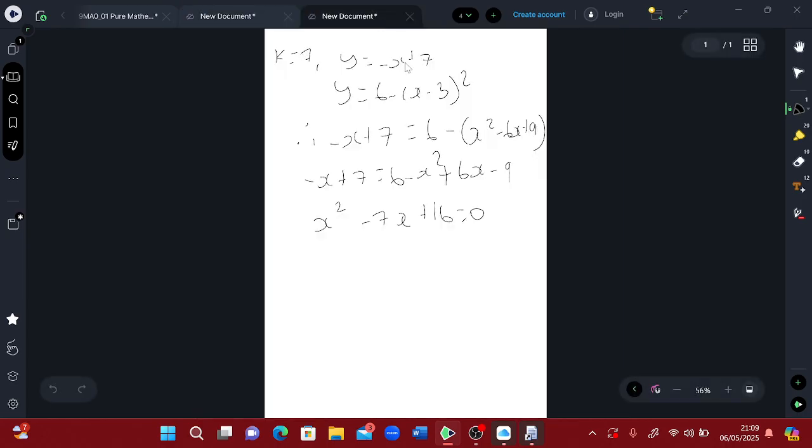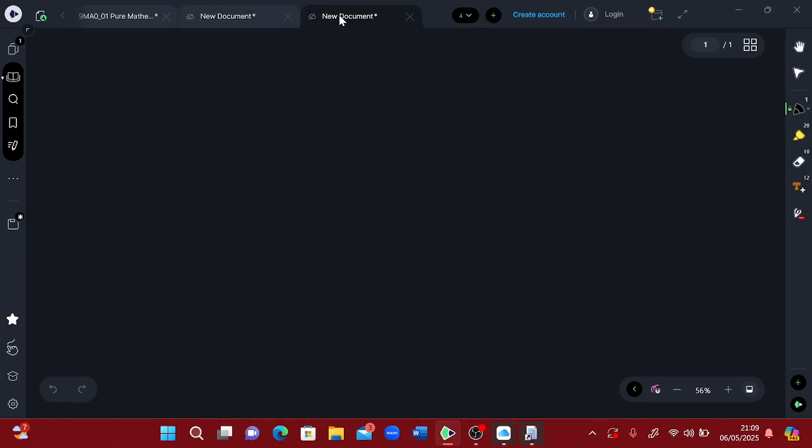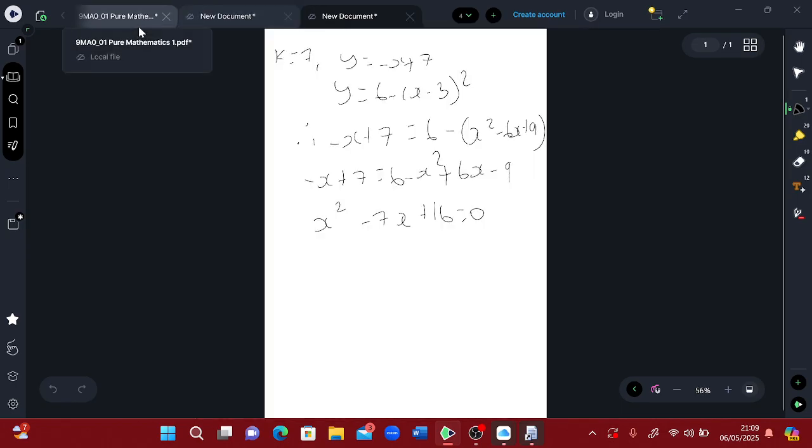So then k is 7, y would be minus x plus 7. And then that's a simultaneous equation. 6 minus x. Is the curve right? 6 minus, 6 minus. Yes. Okay. Yeah, so what's going wrong here? 6 minus x squared plus 6x minus 9.